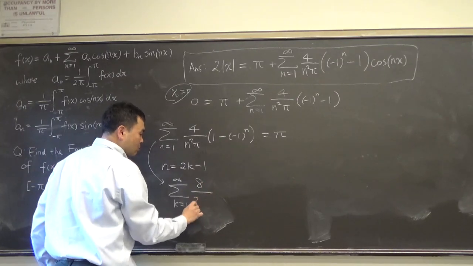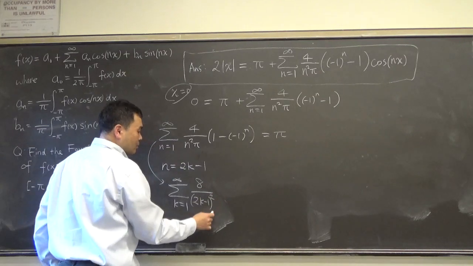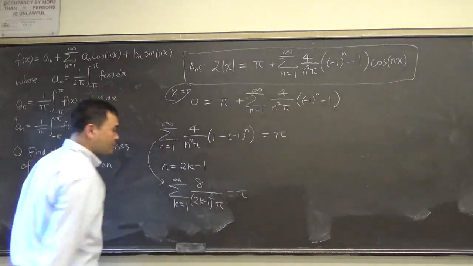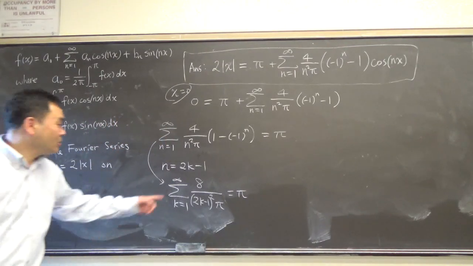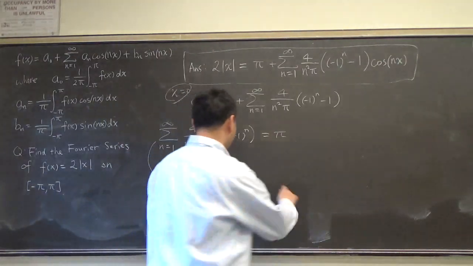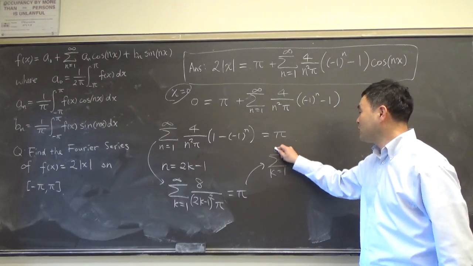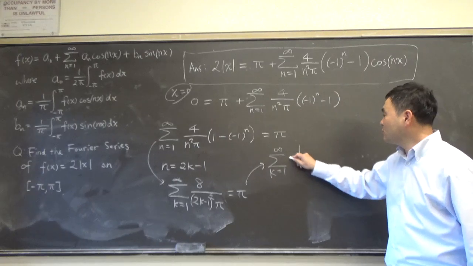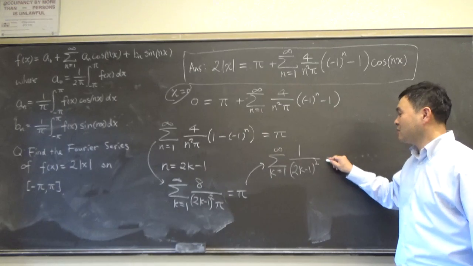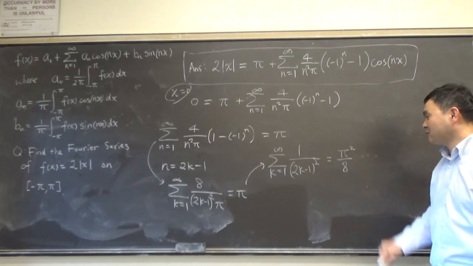The identity becomes the summation of k from 1 through infinity of 8 over (2k minus 1) squared times pi, equals pi. Now divide both sides by 8 and multiply by pi, and you get that the summation of k equals 1 through infinity of 1 over (2k minus 1) squared is equal to pi squared over 8.